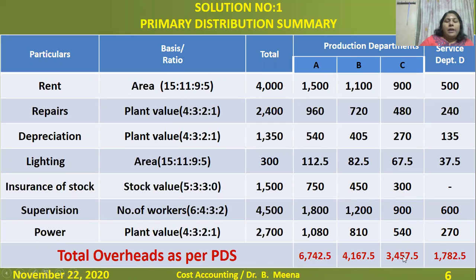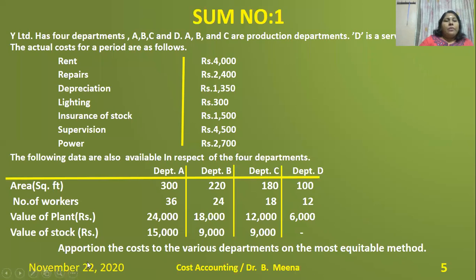Supervision. Supervision is always based on the number of workers. Supervisor salary is always based on the number of workers working under the supervisor. So I can take the ratio 36 is to 24 is to 18 is to 12. I will simplify, divisible by 6: 6 is to 4 is to 3 is to 2.